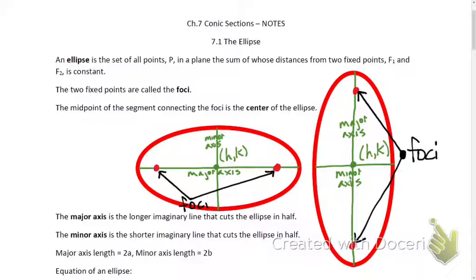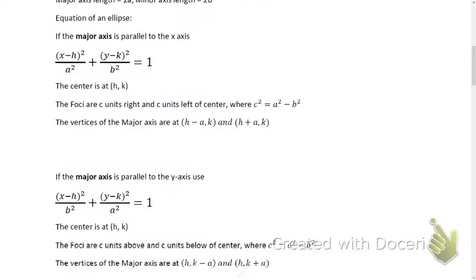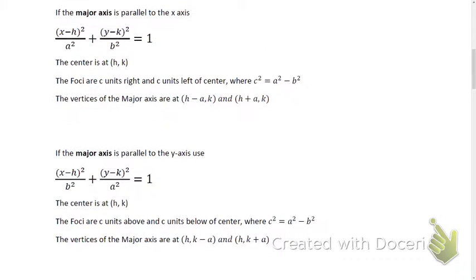All right, we're going to look at how to calculate all that stuff. It's pretty simple. You're going to go off of this standard formula down here, or you have two choices of a standard formula. It depends on if it's wide or if it's tall. So the first formula there, if it's wider than it is tall, then you use that formula.